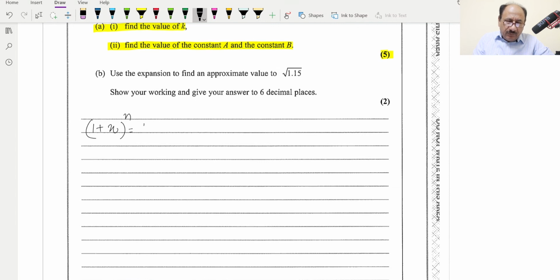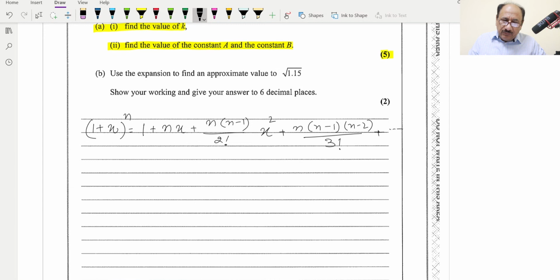This will be equal to 1 plus nx plus n into n minus 1 over 2 factorial x squared, plus n into n minus 1 into n minus 2 over 3 factorial, and so on.